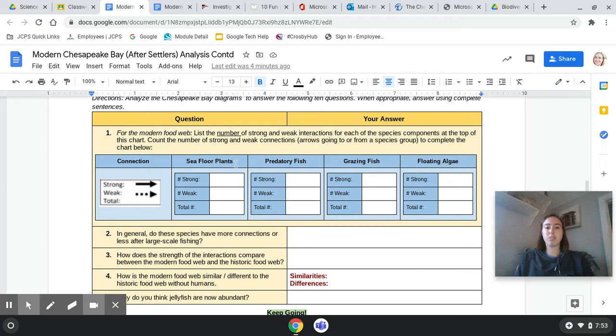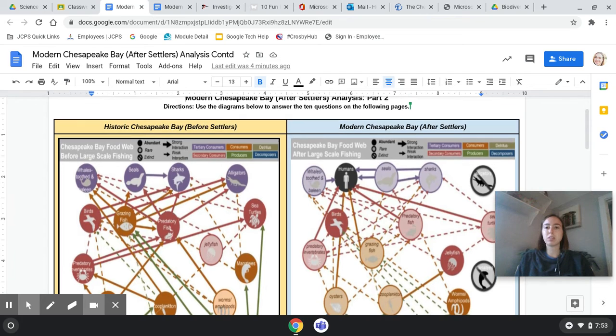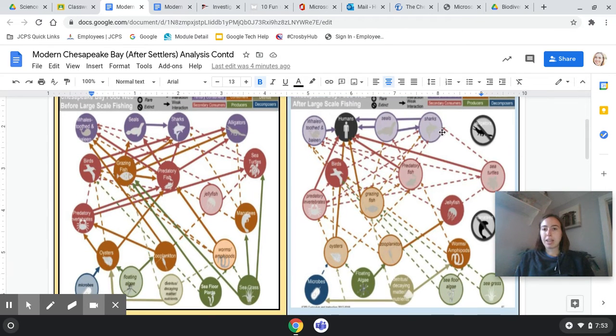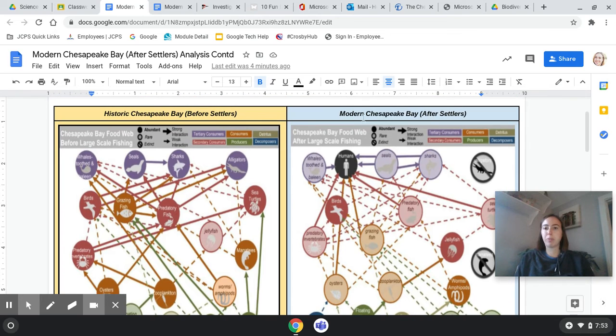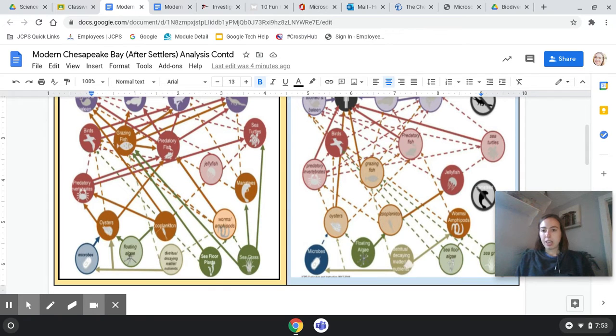So I'm going to start with seafloor plants, and I'm going to scroll back up to my resource, and I'm going to find seafloor plants on my modern food web. Remember, our modern Chesapeake Bay food web is in blue on the right. And I'm looking for seafloor plants. And here they are.